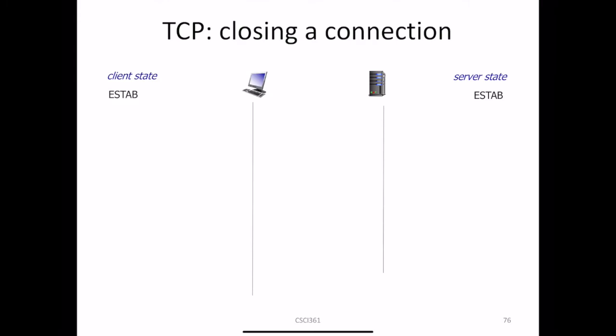Since the client and the server want to close a connection, that means they are already connected with each other. Therefore, their starting state is that both of them are in the established state.